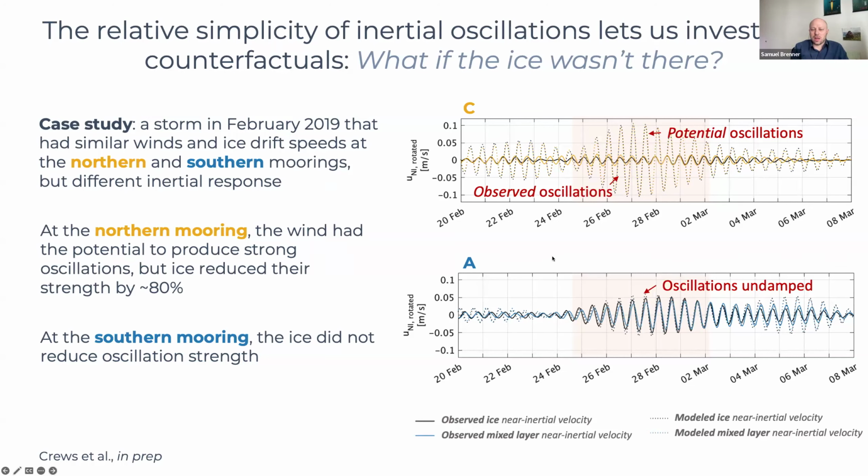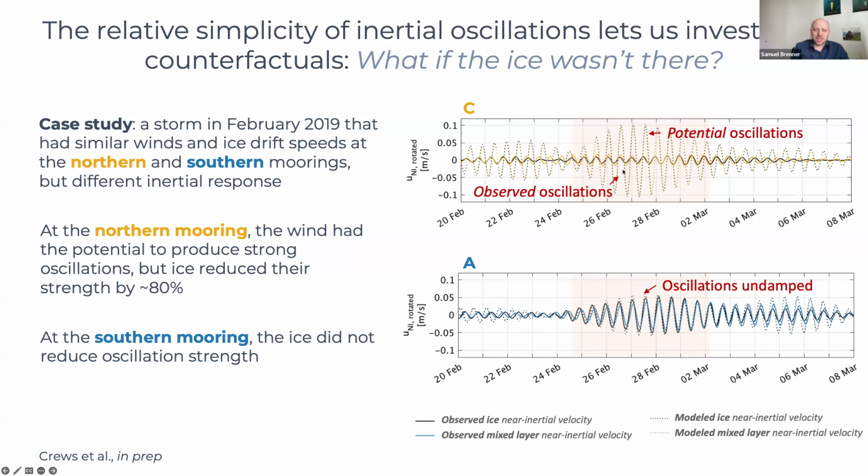And so it's possible to estimate the potential strength of these inertial oscillations if the ice that was present had no internal stress damping effect. In that case, and that's what is shown here as a mixed layer average inertial current in these dotted lines at the top here, is the potential strength of the inertial oscillations.